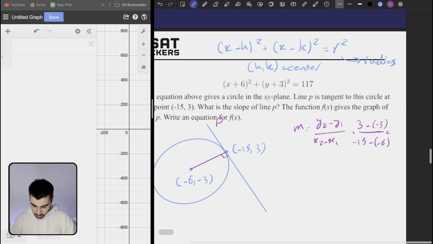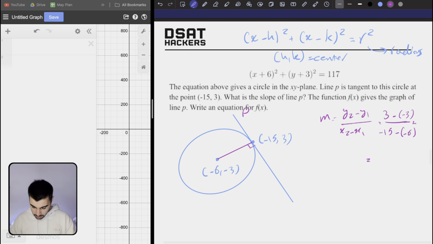Okay, so that is going to give us 3 plus 3 is 6 over -15 plus 6, which is -9. And that is negative, simplify them, 2 over 3, right? So here is -2 over 3.